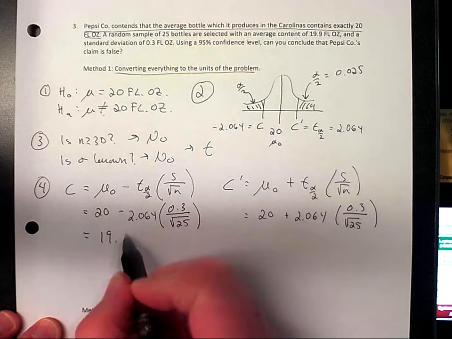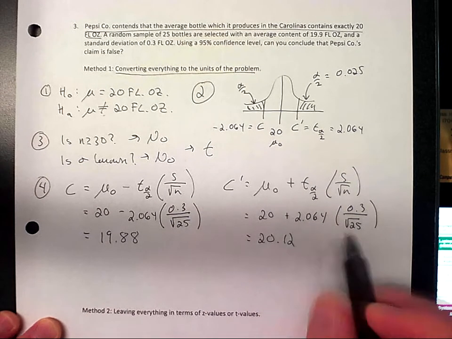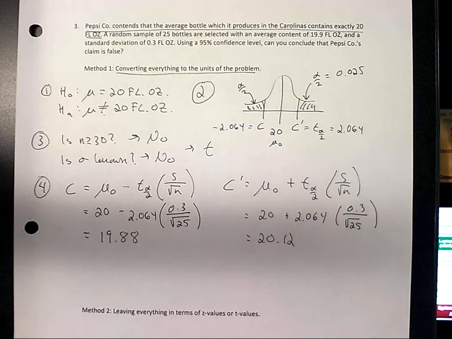And doing the arithmetic on this, we end up with 19.88 and 20.12. Is everybody good with this?